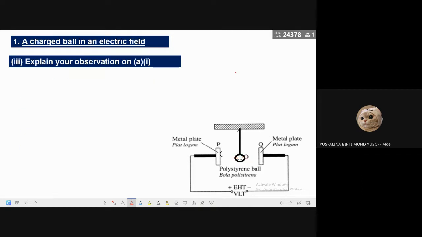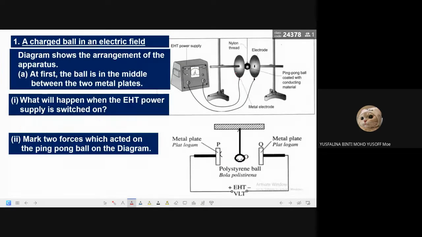Okay, so I will explain it. The first one I explain is the polystyrene ball. This polystyrene ball means it has no charge, no charge on it.